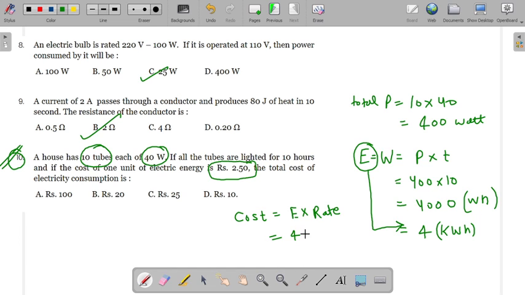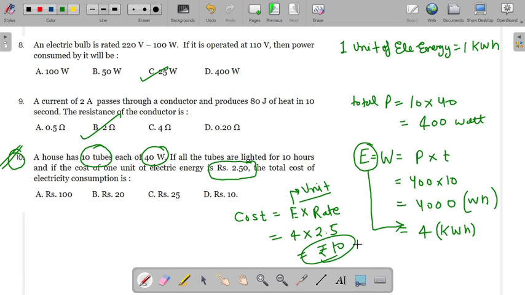The energy is 4 kilowatt hour, that is 4 units. Keep in mind, 1 unit of electrical energy means 1 kilowatt hour. So here we can say 4 kilowatt hour or 4 units. So 4 units into 2.5 is 10 rupees. So 10 rupees is the right answer here, that is option B.